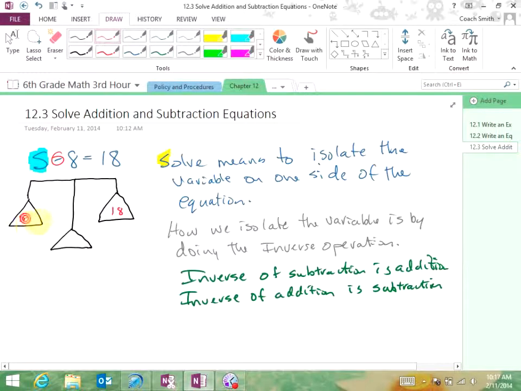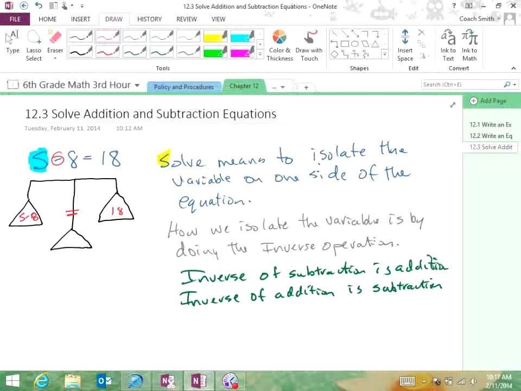On this side we have S minus 8. In the middle we have the equal sign. And what we do to one side of the scale, we have to do to the other side, or it doesn't stay balanced. It doesn't stay equal. When it's equal, it's balanced. Both sides are the same.